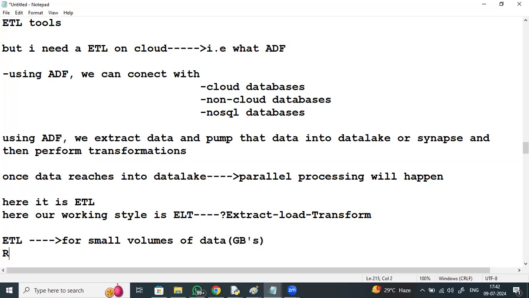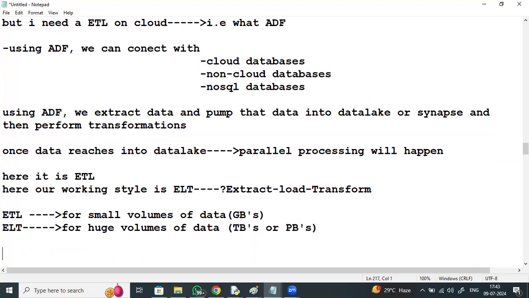ELT, for huge volumes of data, TBs or petabytes. For huge volumes, ETL is bad.